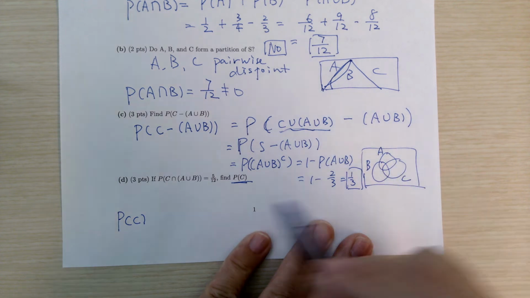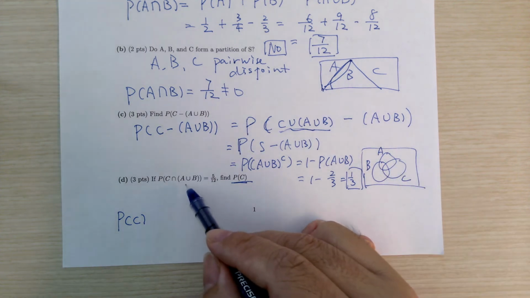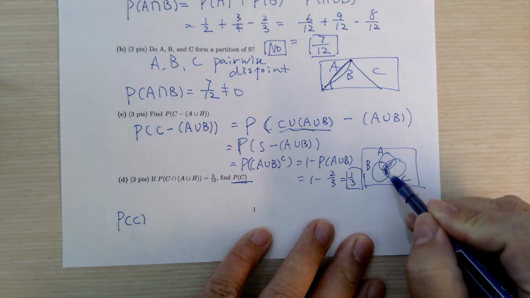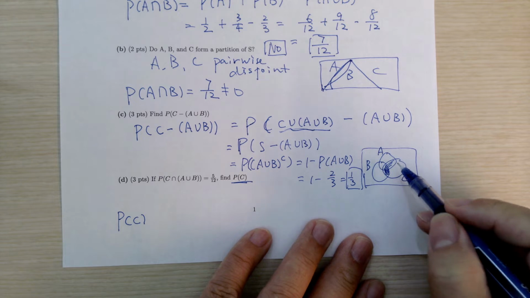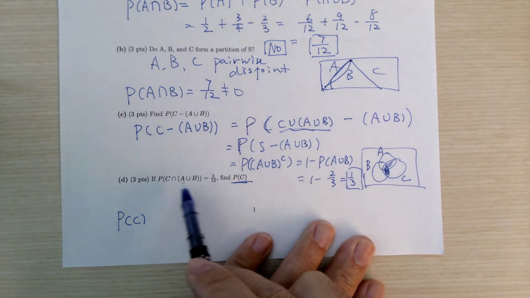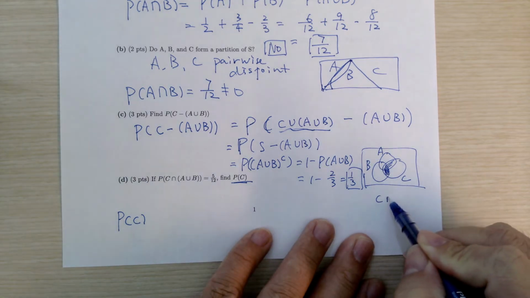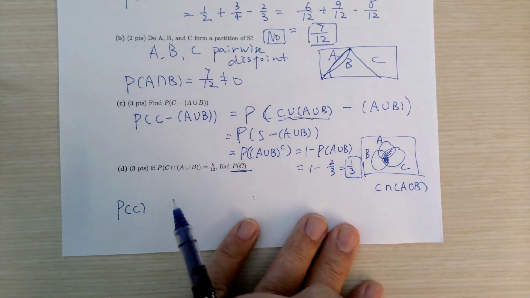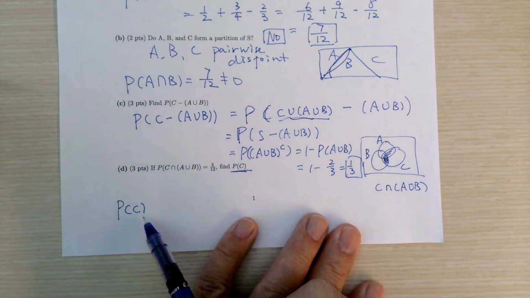And if you do C intersect A union B, don't you agree it's this part? So this is C intersect A union B. But what we're looking for here is the probability of C, right?